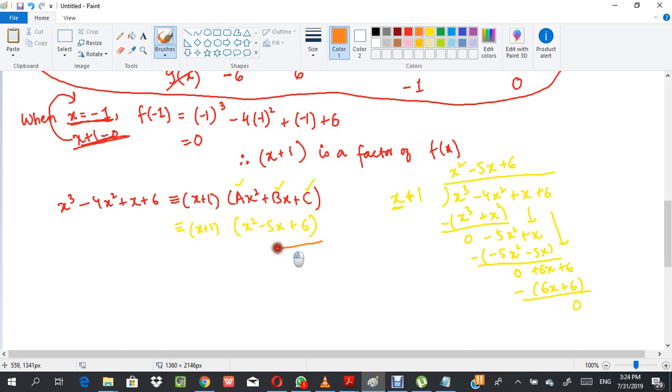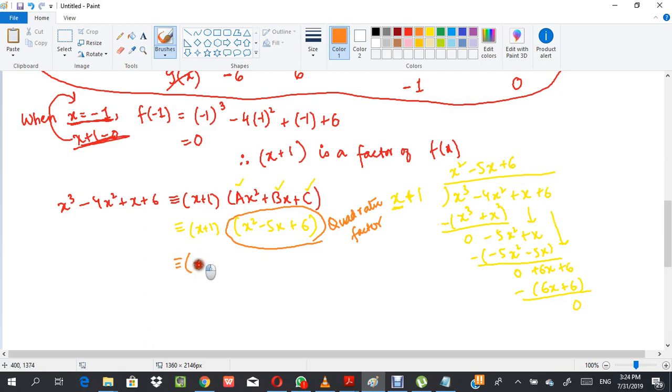Now this whole quadratic thing is called a quadratic factor. Now what I'll try to do is, I will try to factorize this quadratic factor using the method of factorization that we have learned in O-level mathematics.